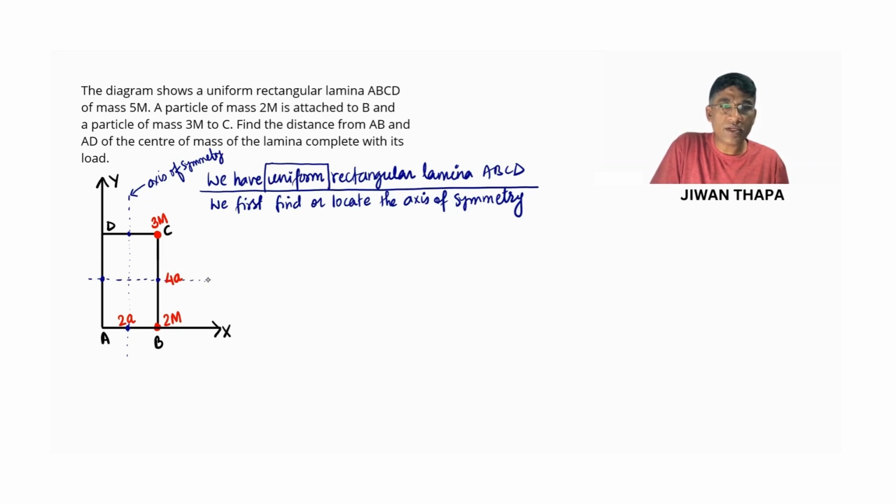This dotted line represents another axis of symmetry. Now what we find is that the axes of symmetry meet or intersect at this point. So we need to note this.